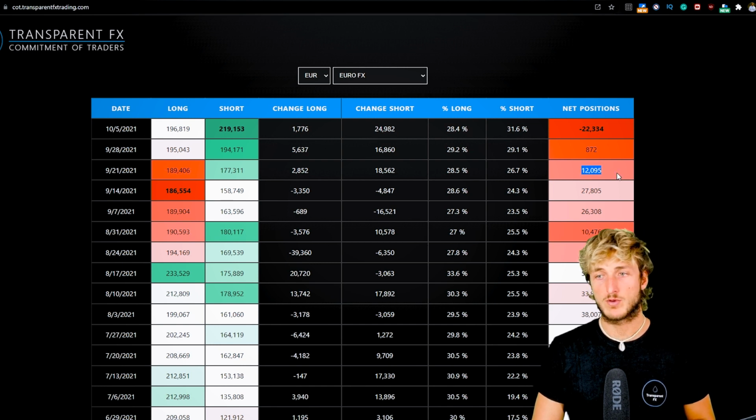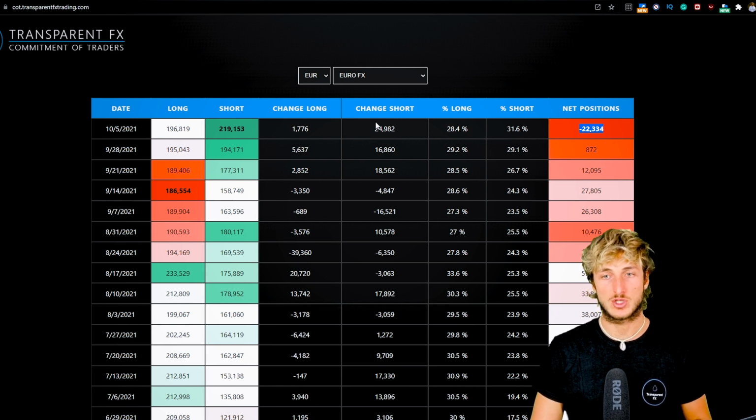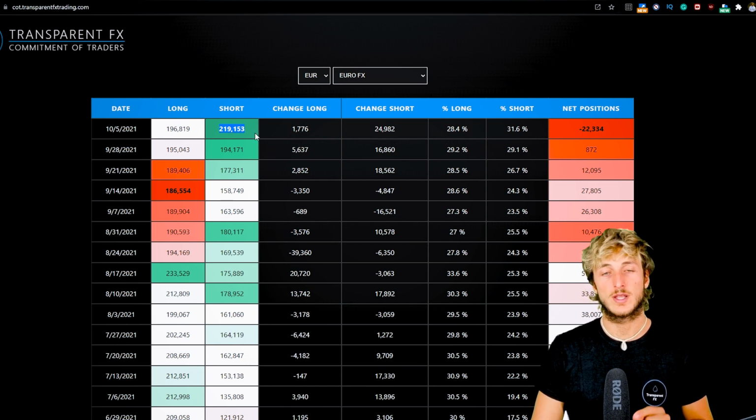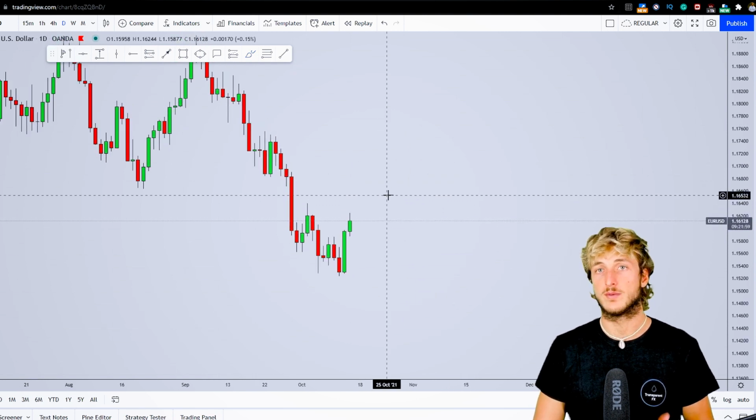In fact, we went from having 12k net positions, so basically way more longs than shorts, with 189k long positions and 177k shorts, all the way down to having a quite negative net positioning with minus 22.3k net positions and 24k shorts added with the last report, bringing the positioning to being 219k short positions and only 196k longs. So definitely way more shorts than longs, which obviously makes EURUSD quite bearish.